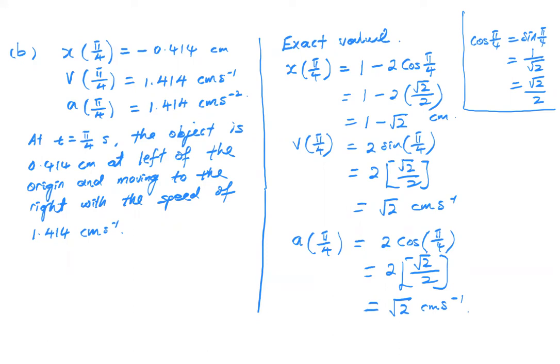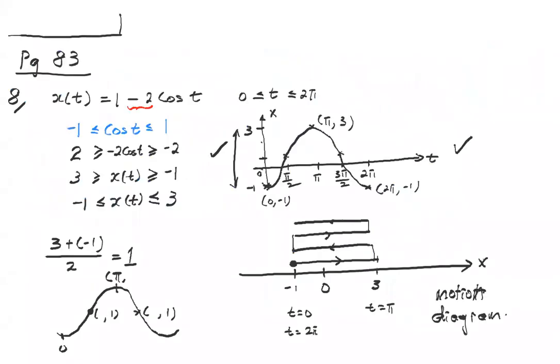So let's move to part C. Okay, find the time when the particle reverses its direction within 0 and 2 pi. So if you go back to the graph, you should know that it happened here. Am I right? So you can just write down, and you also know the displacement, correct?